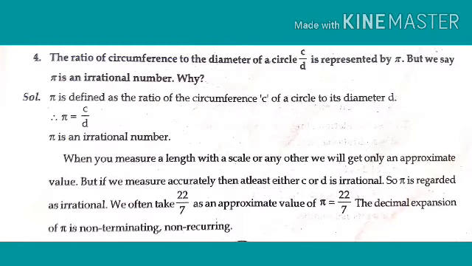When you measure a length with a scale or any other instrument, we will get only an approximate value. But if we measure accurately, then at least either C or D is irrational. So, pi is regarded as irrational. We often take 22 by 7 as an approximate value of pi. The decimal expansion of pi is non-terminating, non-recurring.